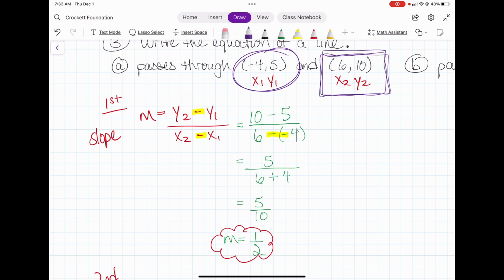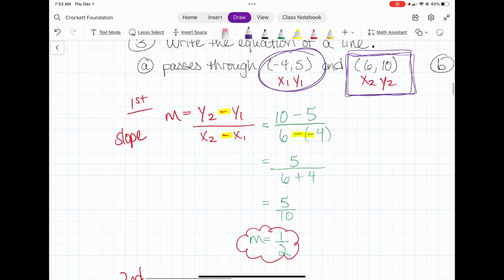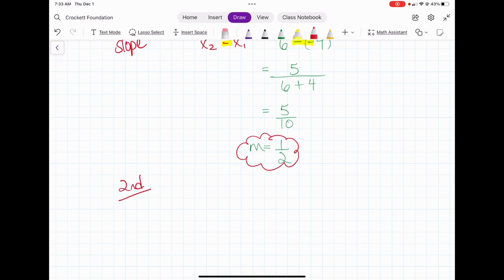Either one that I use in addition to the slope is going to help me find the y-intercept. Because there's 2 problems here, for this problem, I'm going to use the slope and the first point, but I'm going to use the slope-intercept formula. In the second problem, I'm going to use the point-slope formula.